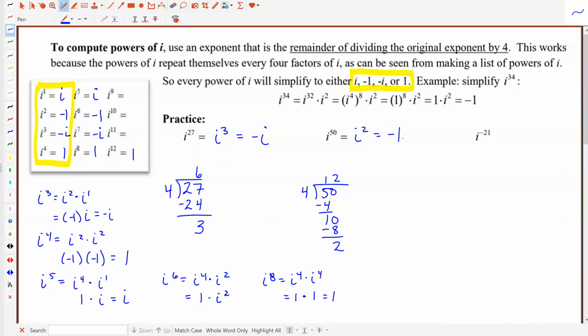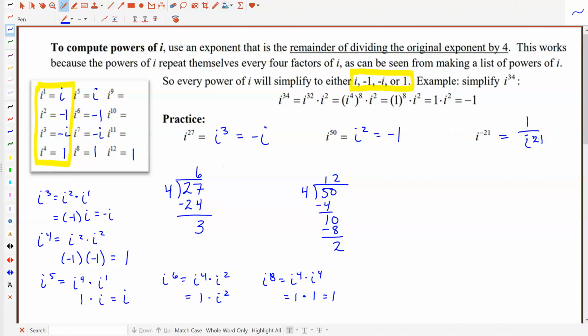Now the last example is i to the negative 21st power. Now if you have a negative exponent, you can't do the division because your remainders are not going to work out the way we would expect them to. So the easiest way to do these ones is to make your negative exponent positive by taking your base and flipping it over the fraction bar, and when you do that you get to change the sign of the attached exponent.